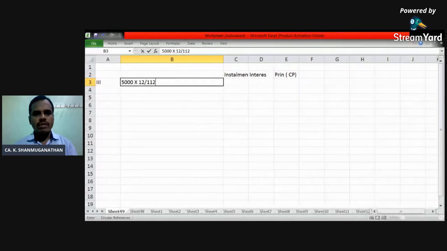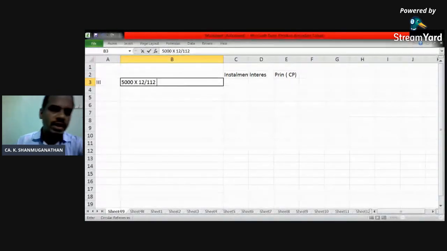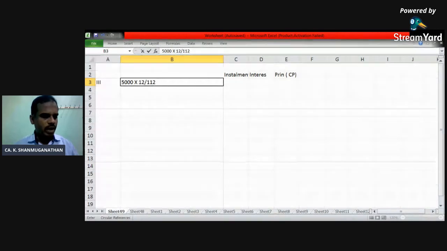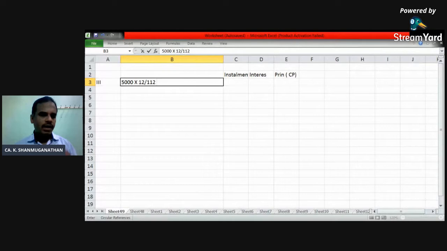Actually what happens? You have the installment and rate of interest available. 12 is the rate of interest. So 5,000 into 12 divided by 112. If your principal portion is 100, interest portion is 12.